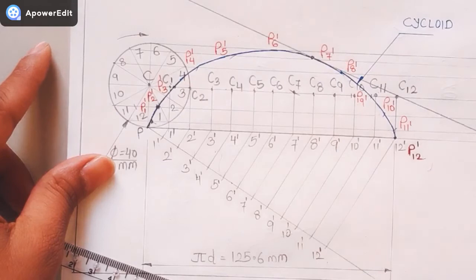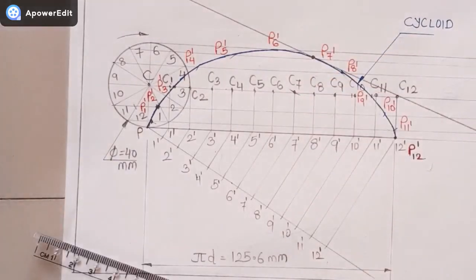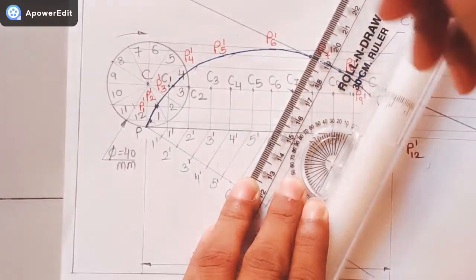Say that is cutting at point C7. Correct. I have marked an arc that is equal to the radius because in the question they have asked to draw a normal and the tangent to any point on the curve.